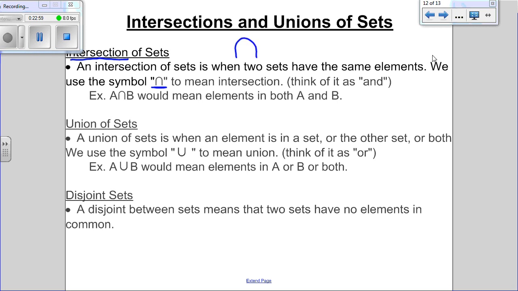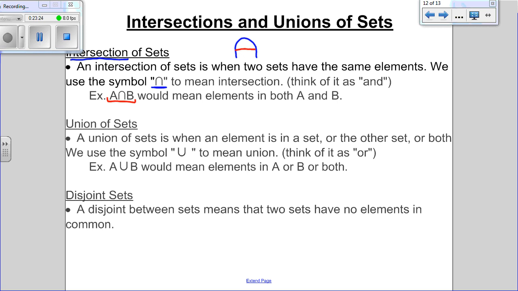That's how I know which one it means. So that's my trick to remembering that the upside down thing means and. The way you will see it written is like this. That would mean something is an element of A and B. That's how you would read that sentence.